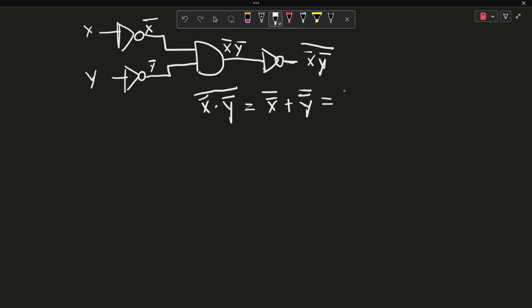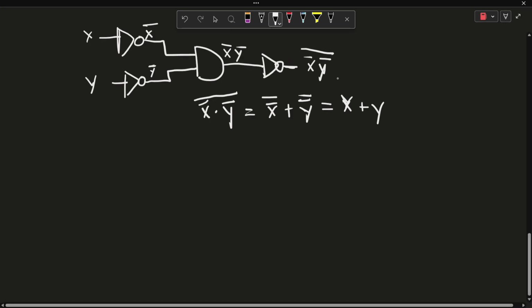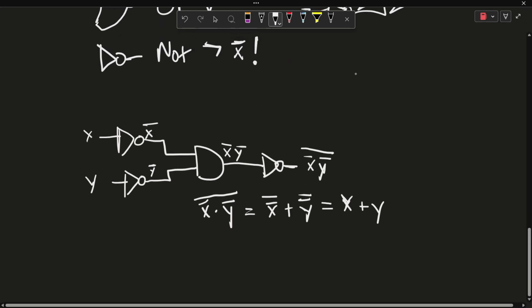But then that not is literally just a double negative, so that literally is just X or Y. That's basically the logic gates for that one.